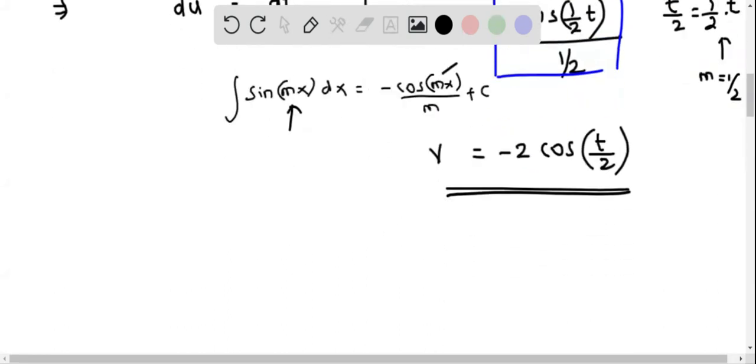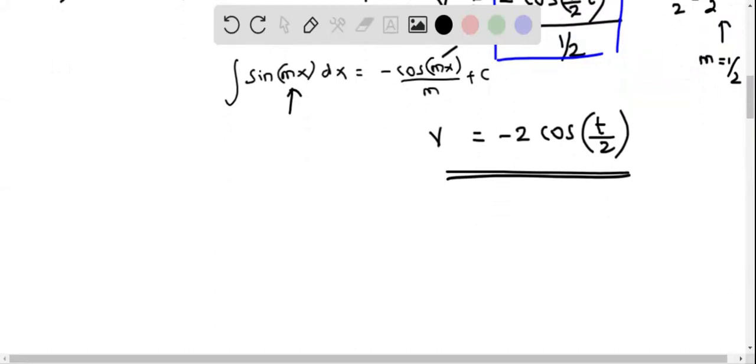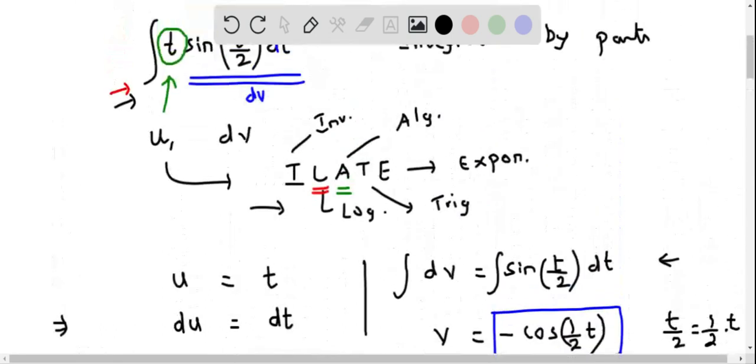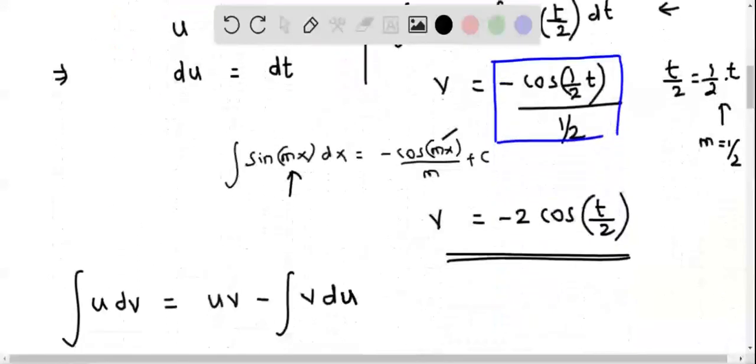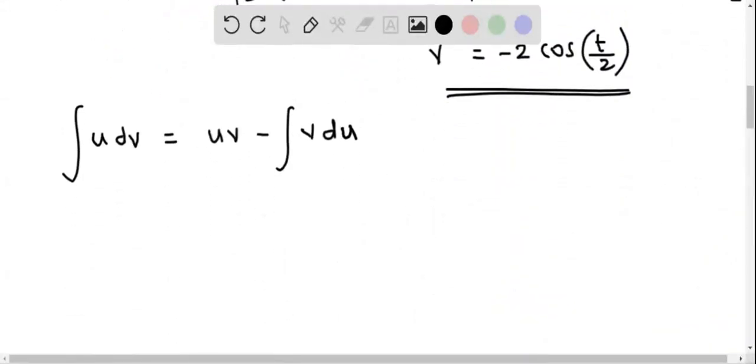Now we have to apply the integration by parts formula, which says that the integral of u dv equals uv minus the integral of v du. We are going to use this formula to integrate our expression, that is t sine t by 2.